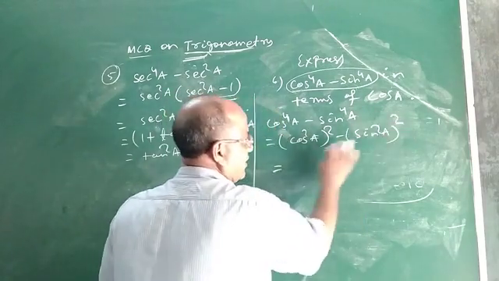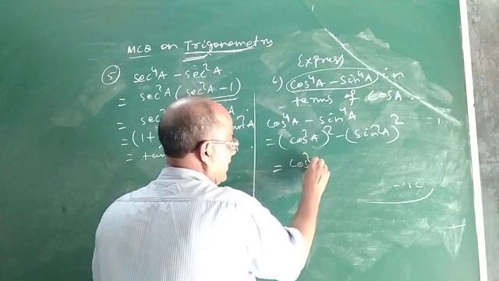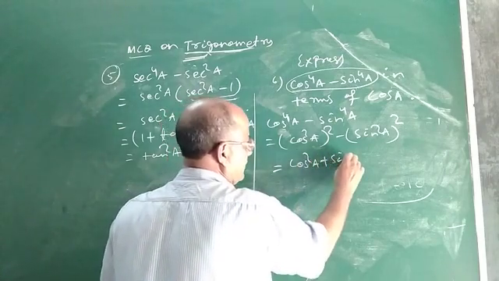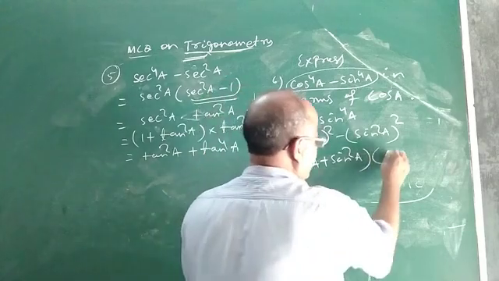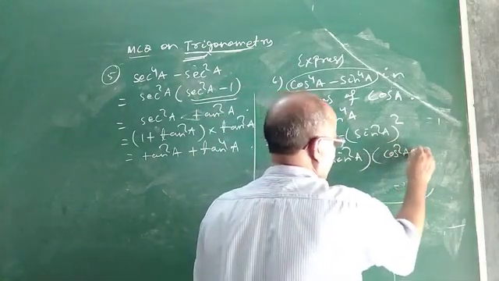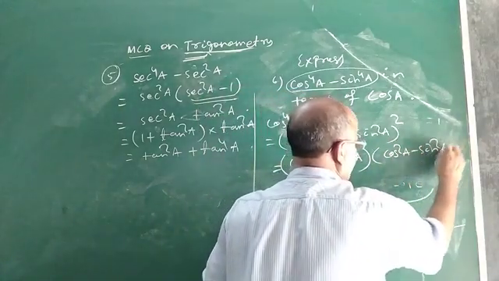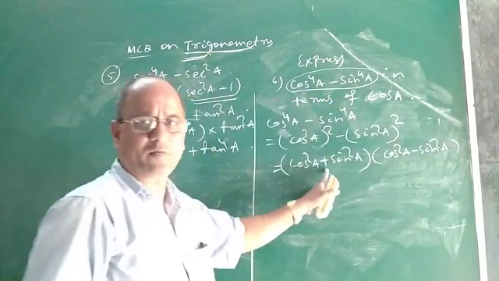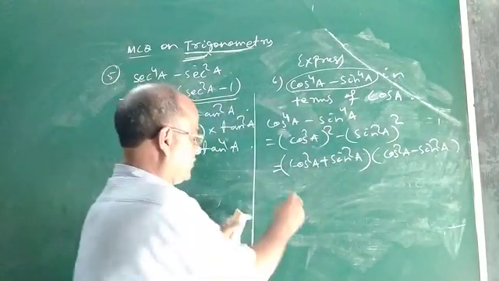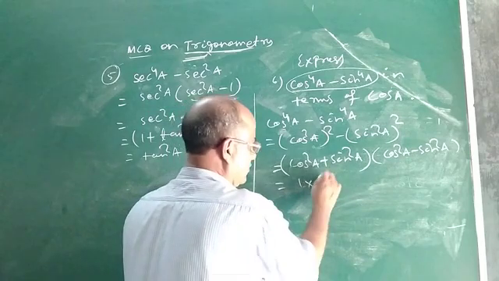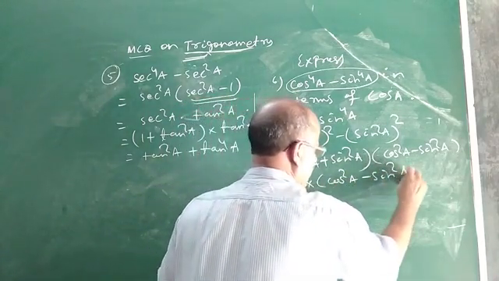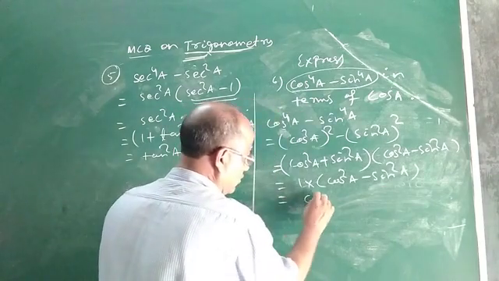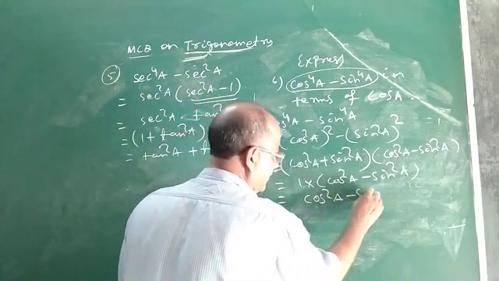Now see, it is a square minus b square, so it is (a plus b)(a minus b). That means (cos^2 A plus sin^2 A)(cos^2 A minus sin^2 A). Now you know the value of cos^2 A plus sin^2 A is 1. So it is 1 into (cos^2 A minus sin^2 A), which is equal to cos^2 A minus sin^2 A.